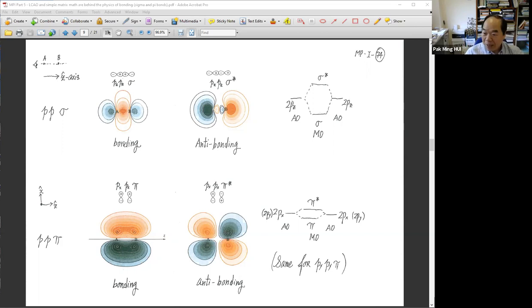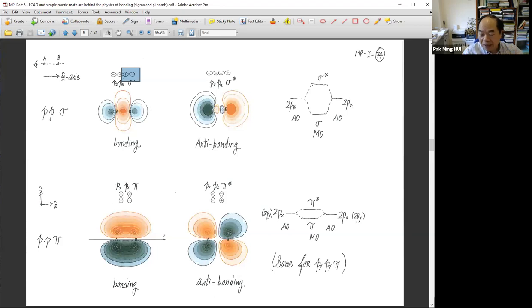But for PP, there will be more possibilities. Let's see. Obviously, I could have a P and a P. Okay, so I'm forming an LCAO of this P. I call it PZ, and this PZ.